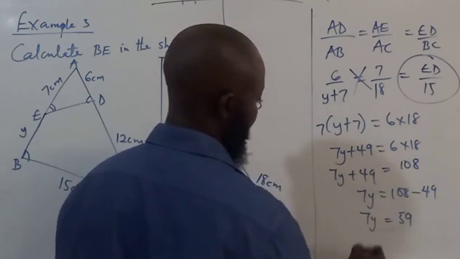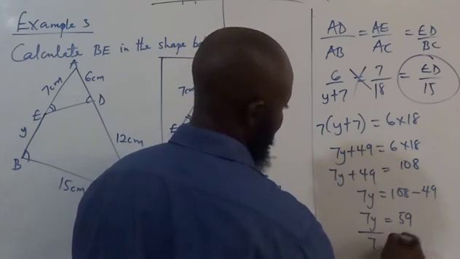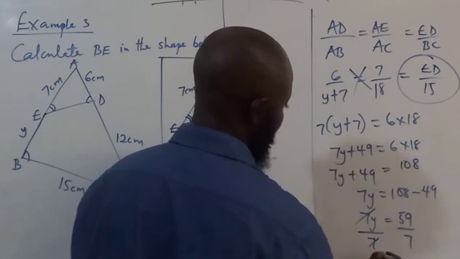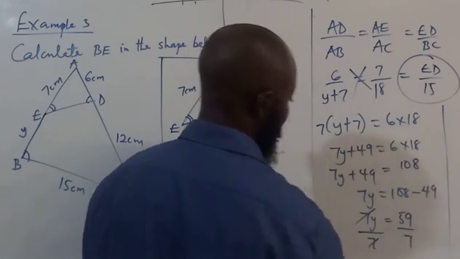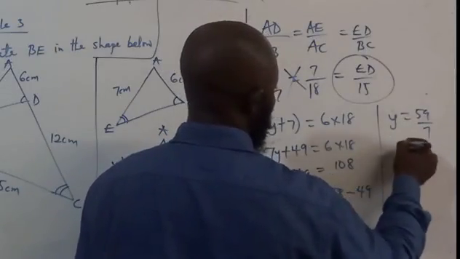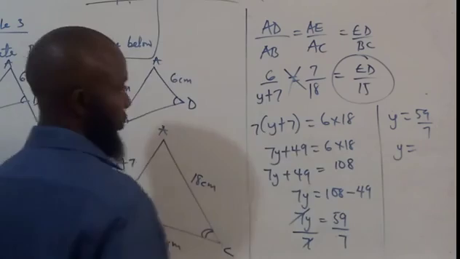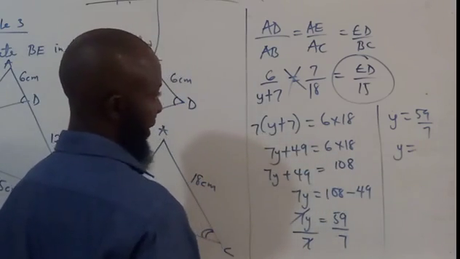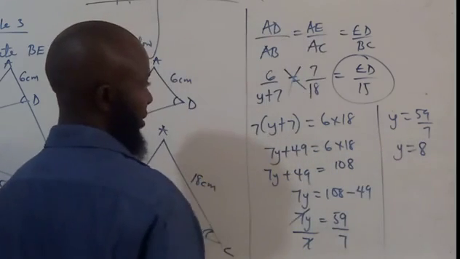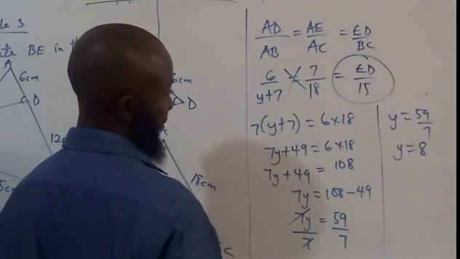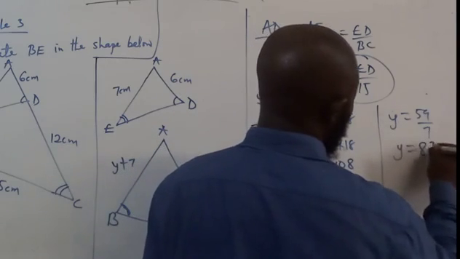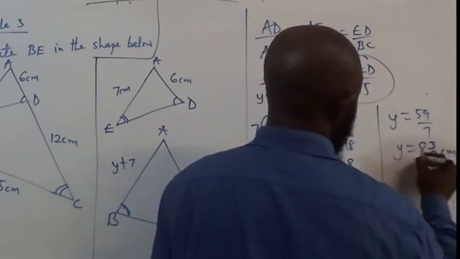So when you subtract, this is 59. So divide both sides by 7. 7 cancels 7. Then Y will be equal to 59 divided by 7. That means 7 into 59 is 8, so it remains, that is 49 plus 7, that is 56, remainder 3 over 7 centimeters.